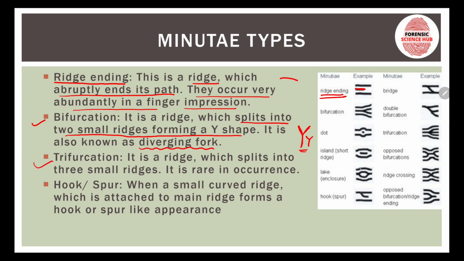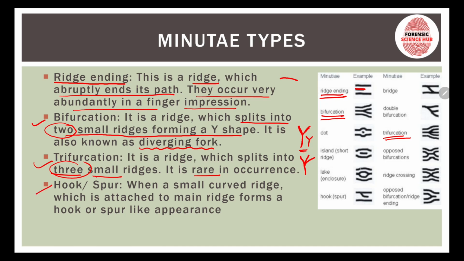Then comes trifurcation. It is a ridge which splits into three small ridges. In bifurcation, the ridge splits into two small ridges. In trifurcation, the ridge splits into three small ridges like this. This was bifurcation, and here is a trifurcation, and it is rarely occurring.